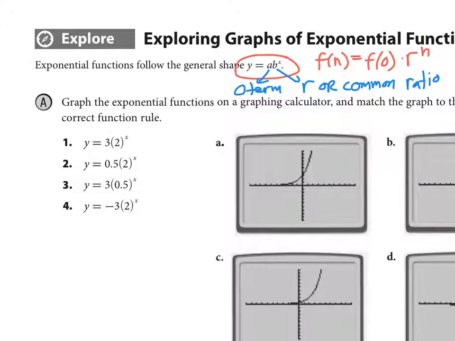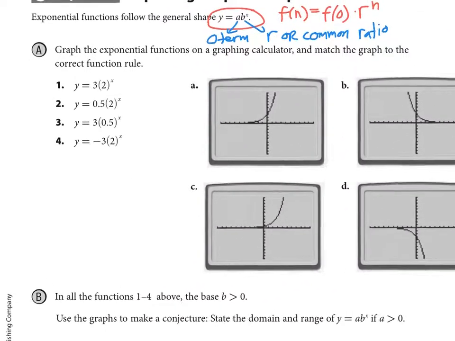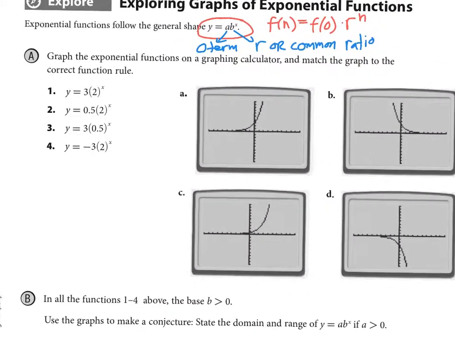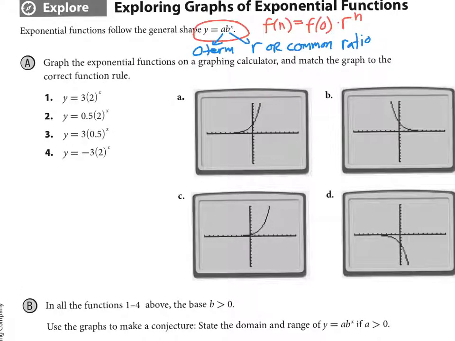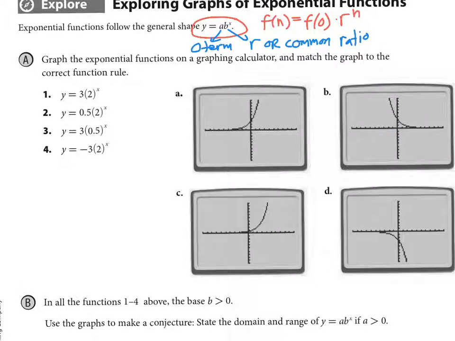So in this particular case, we're going to look at this example where you have to match the graph with the given exponential. So first of all, remembering that if our R is a fraction less than 1, then that means it's going to make our function go down. Okay, so in this case that would be b, because our function is decreasing here.